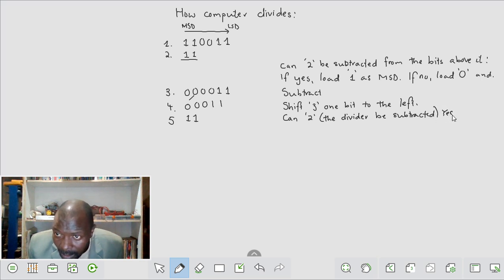Yes is again 1. Yes equals 1. No equals 0. Okay, so in this case the answer is no.